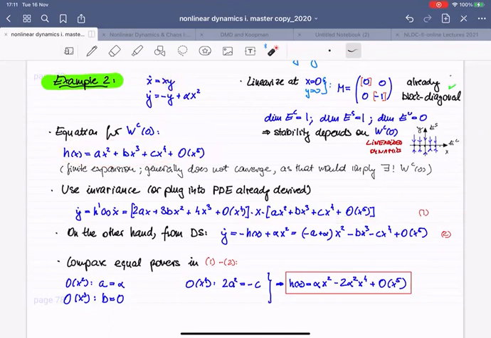So this is one way of writing, directly from the chain rule, what y dot is on the center manifold. The other way of writing it, the second step that I used in deriving that nonlinear PDE, is to go directly for the equation. So you write that y dot equals minus y. So y dot equals minus h of x, because remember all this invariance means that you're on the manifold.